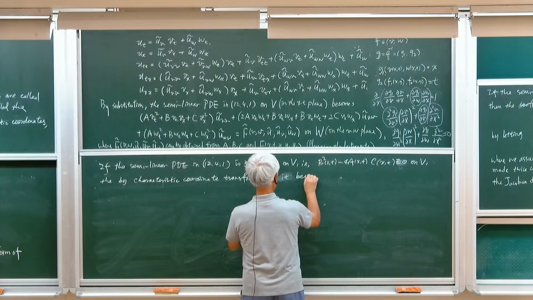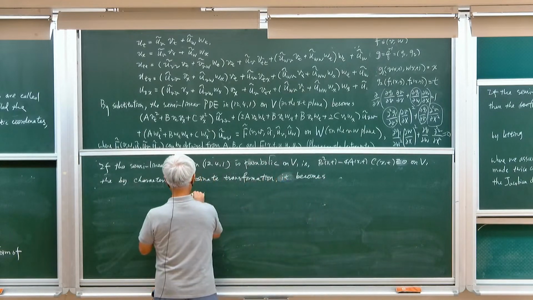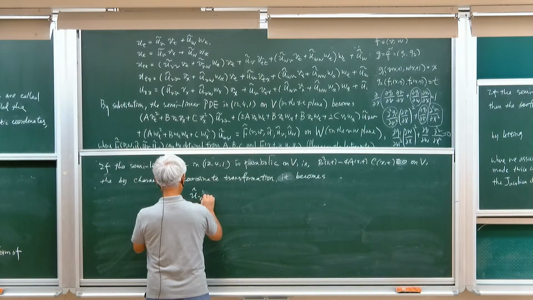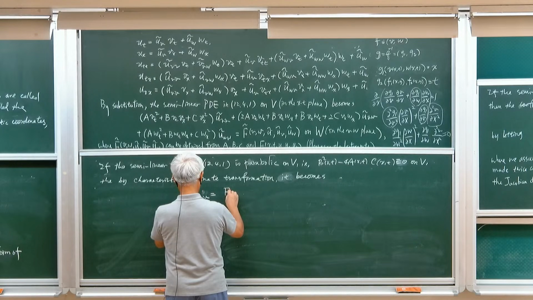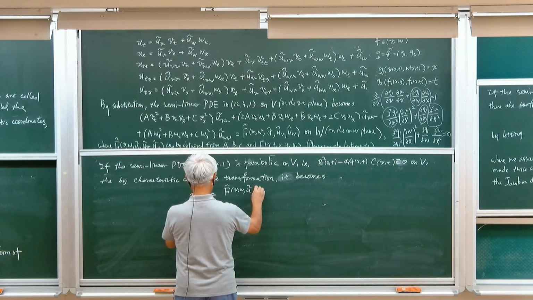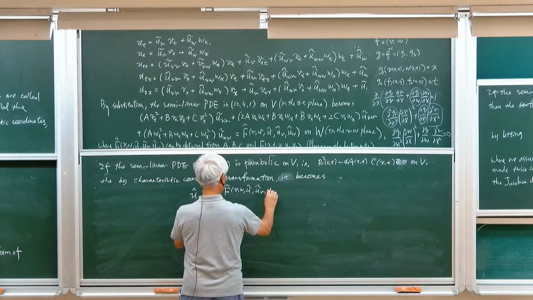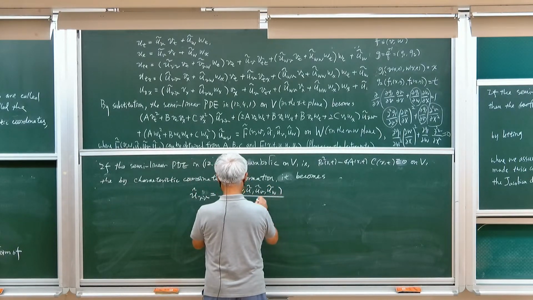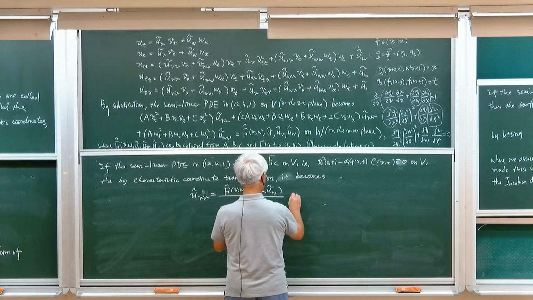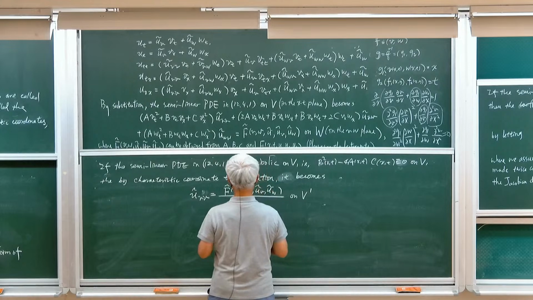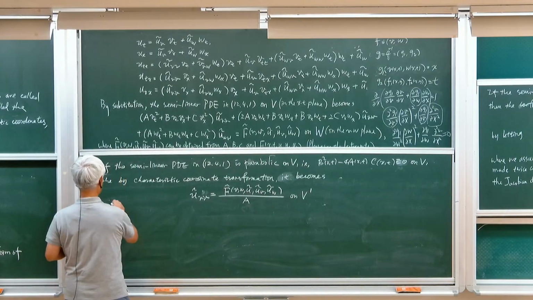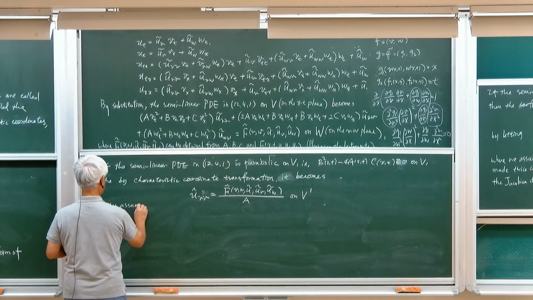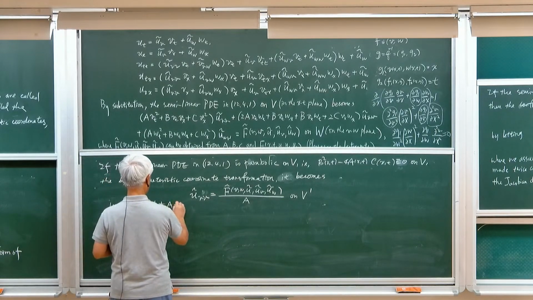it becomes U tilde VV equal to F, okay, F tilde (V, W, U tilde, U tilde V) divided by A on V. Okay, so you can simplify by assuming that A is equal to a constant.